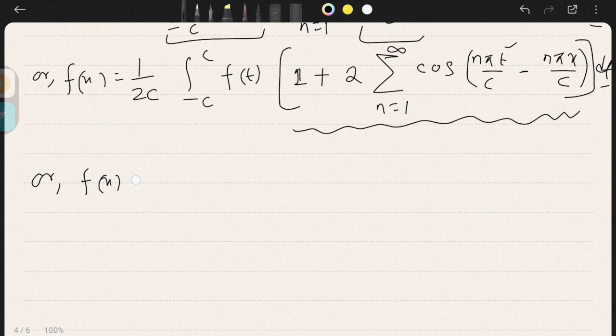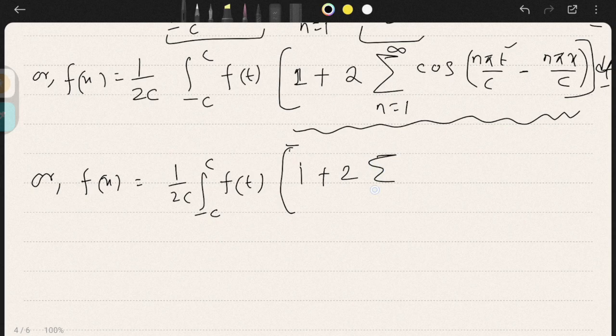Or f of x is equal to 1 by 2c, integral from minus c to c of f of t times 1 plus 2 times the summation from 1 to infinity of cos n pi by c, taking t minus x common, so t minus x, then dt.